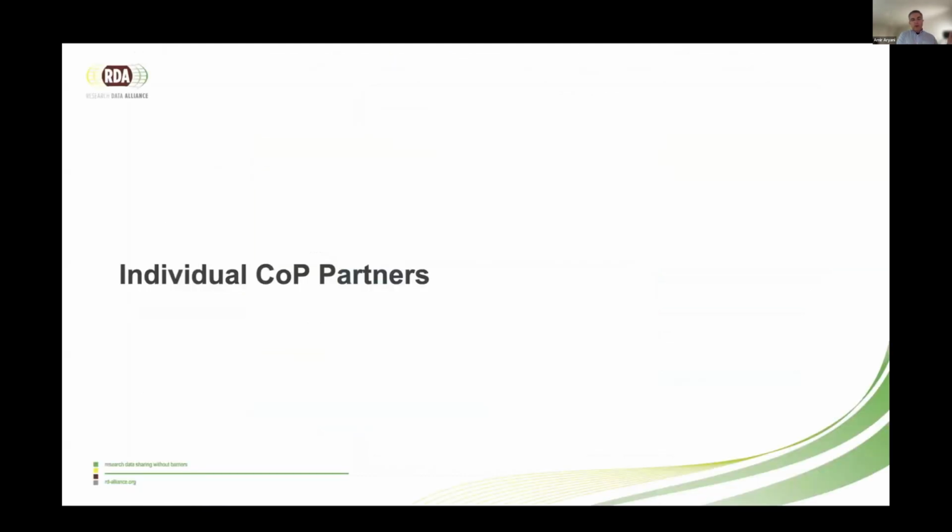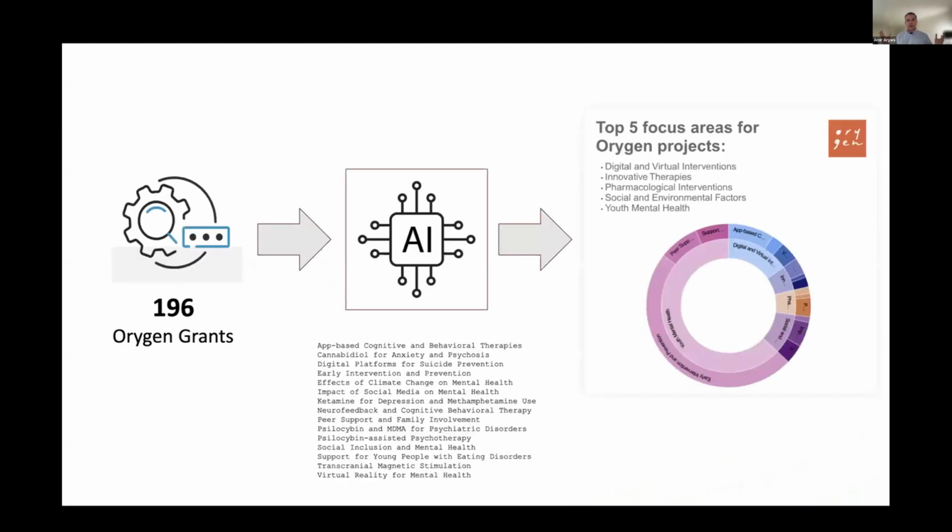The other thing is diving into each partner to see what it actually means individually. Rather than putting all the grants together, for Origin we are only looking at the classification of projects for Origin only. In this case, out of almost 200 grants, the AI comes up with a different type of classification.